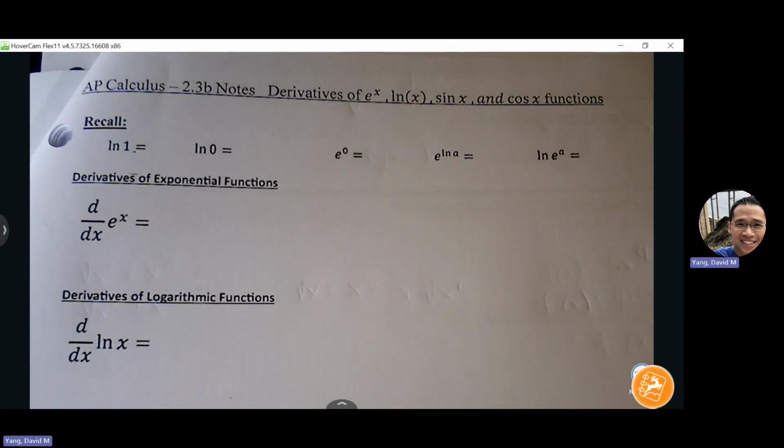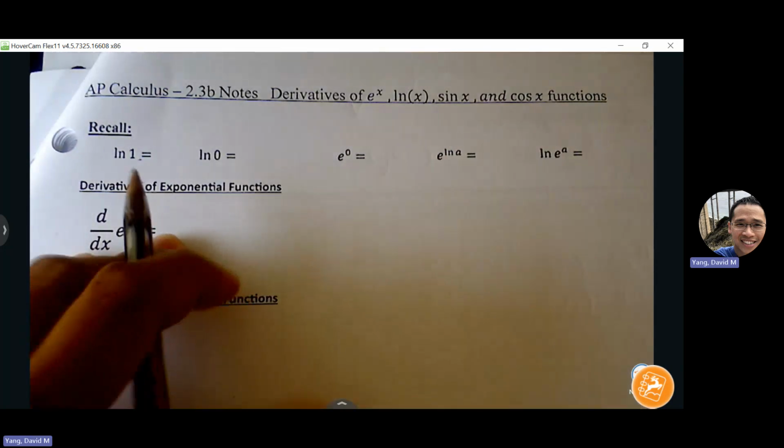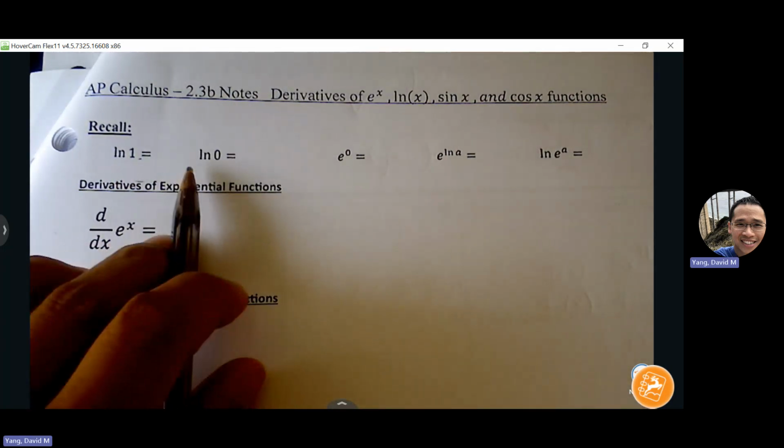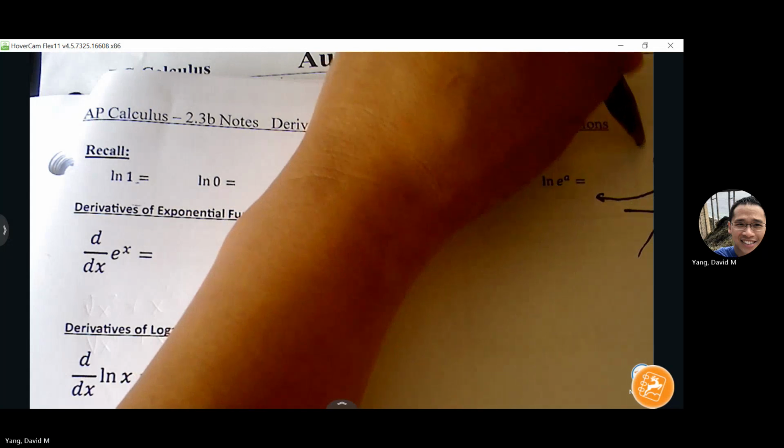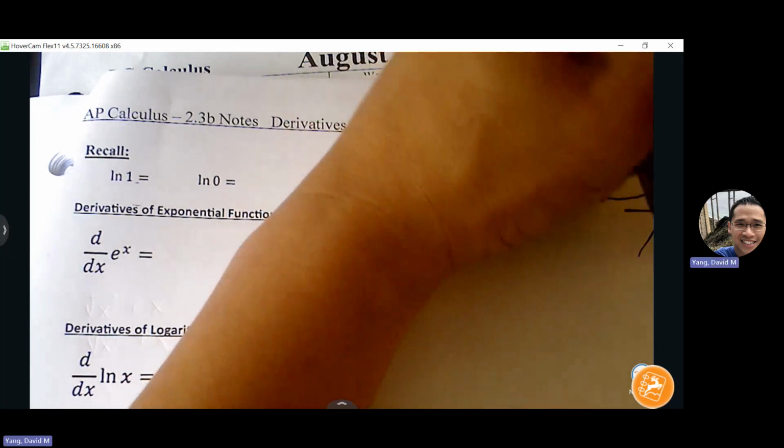Okay, so a little bit of review with natural log and exponential functions. Natural log and exponential functions are inverses of each other. So if I had, let's say this is my e to the x graph, and then my natural log graph.